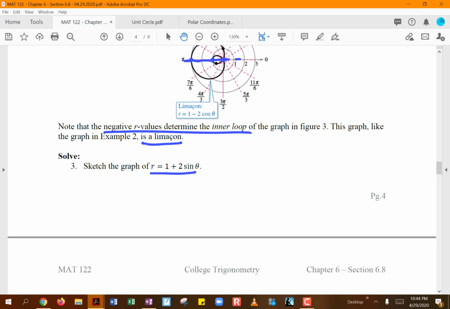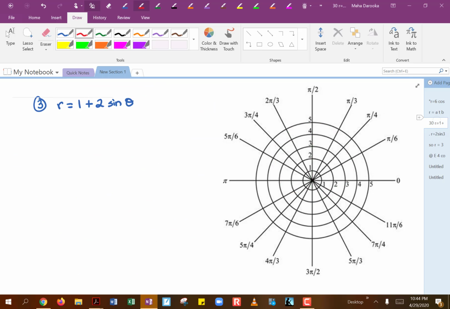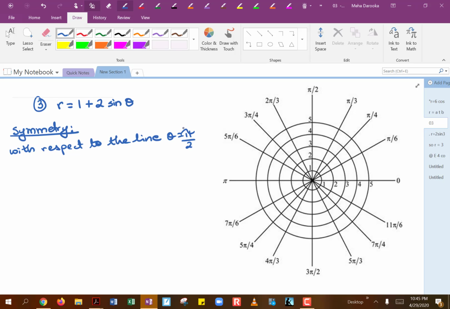Okay, so let's see what our example ends up looking like. We are asked to graph the function r equals 1 plus 2 times sine of theta. So let's go ahead and take a look at this. Let's start by talking about symmetry first. Since this is a sine function, we will have symmetry with respect to the line theta equals pi halves.